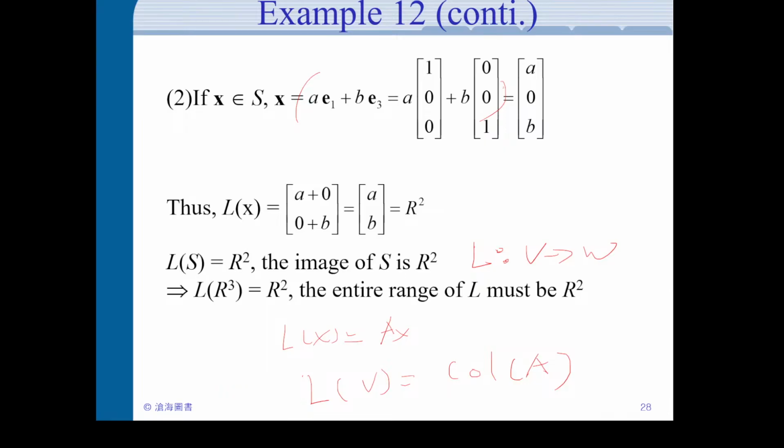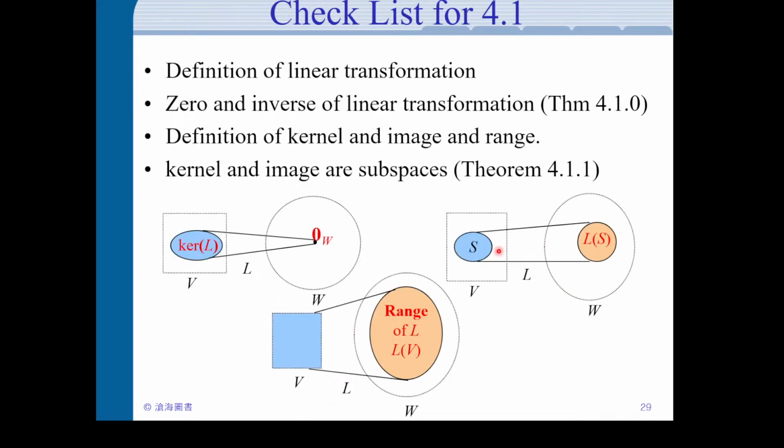For now, we finish our chapter 4.1, and so, checklist for point 1. We define linear transformation as the transformation that respects linearity. Basically the transformation will commute with taking linear combinations.